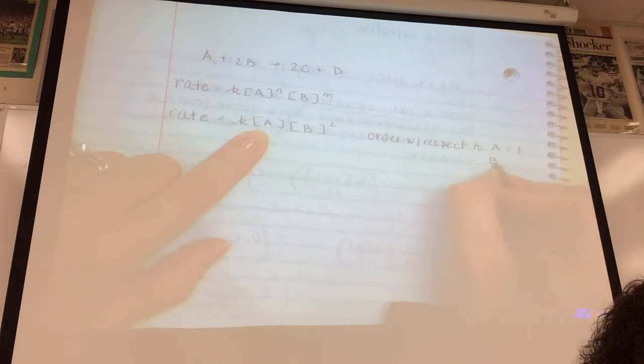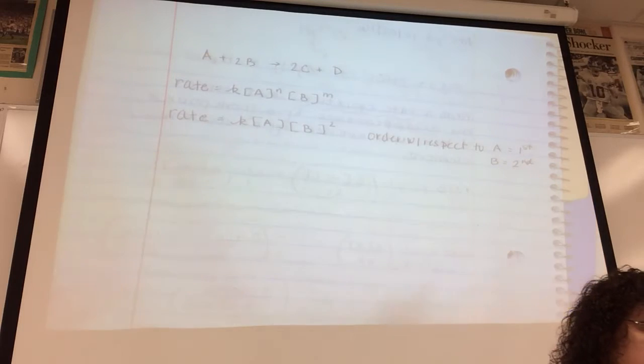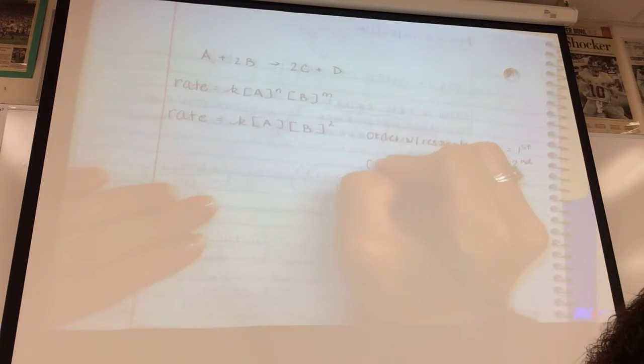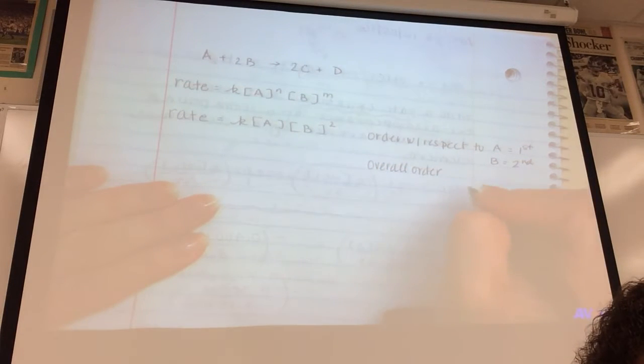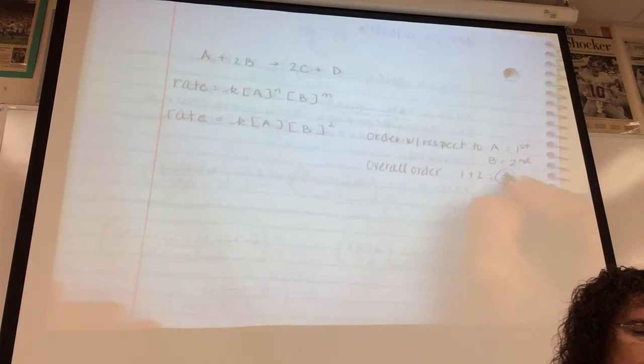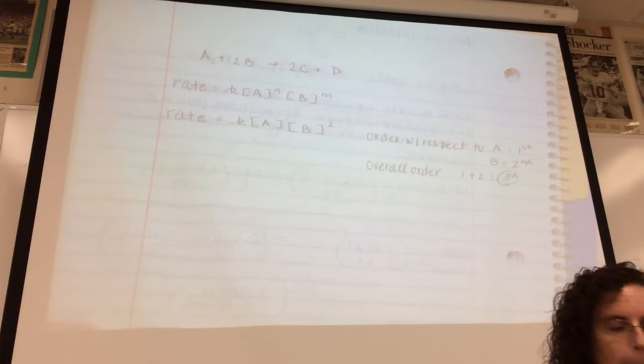With respect to B? 2, or you'd say first and second. The overall order is the sum of the exponents. 1 plus 2 is 3. So you'd say third. Okay?